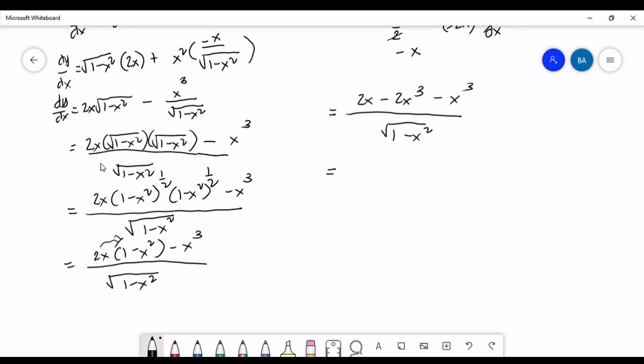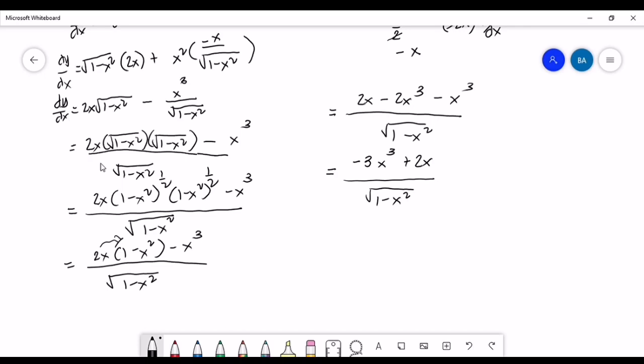So overall our answer is 2x minus 2x cubed minus x cubed, which is equal to negative 3x cubed plus 2x, over the square root of 1 minus x squared. So this could be our answer.